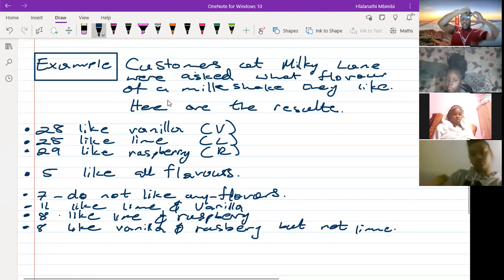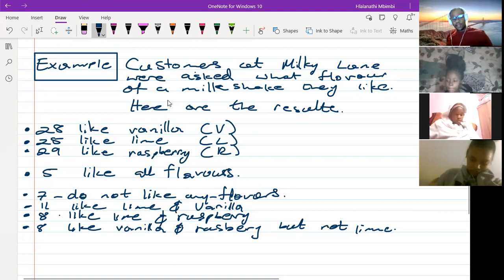So yes, we have 28 like vanilla, 25 like lime, 29 like raspberry, 5 like all flavors, 7 do not like any flavors, 11 like lime and vanilla, 8 like lime and raspberry, and 8 like vanilla and raspberry.